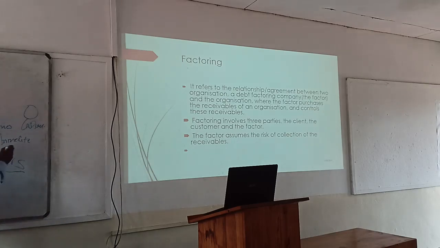So what will happen? The organization will sell these debts to a company called a factor, also known as a factoring company. It buys trade receivables from an organization. After purchasing these debtors, it will be between the factor and the customer now, and the original organization will be out of the relationship.